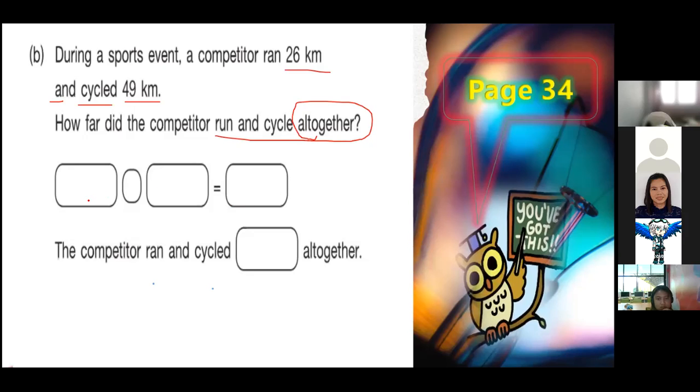What is our number sentence? The given is 26 kilometer and 49 kilometer. And it said all together. What operation will we use here? Minus, plus.